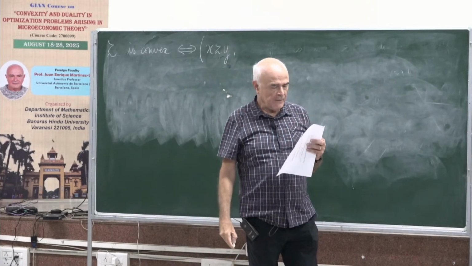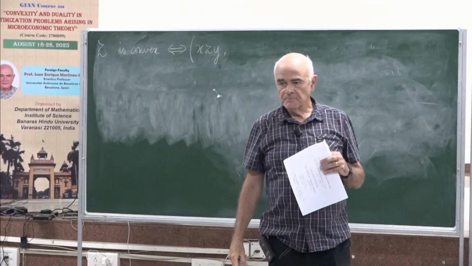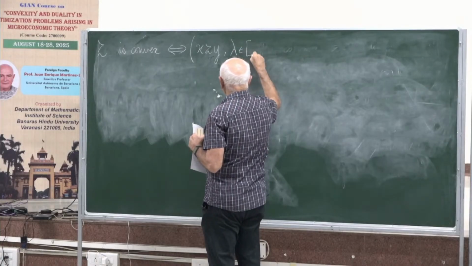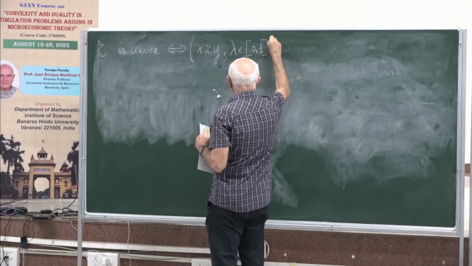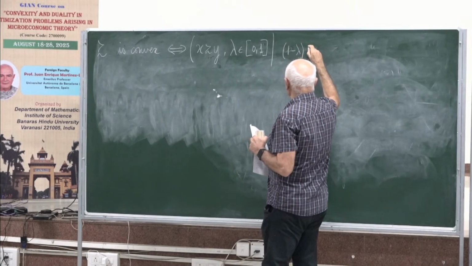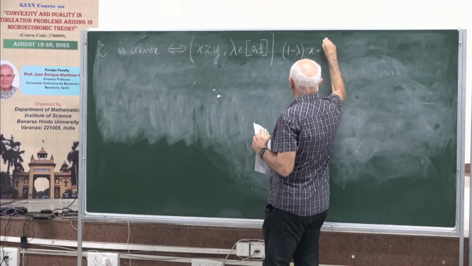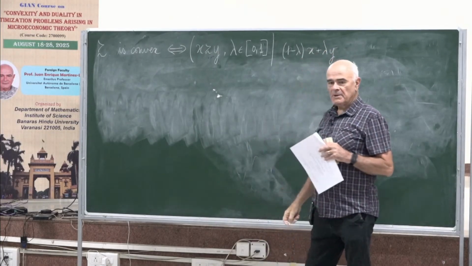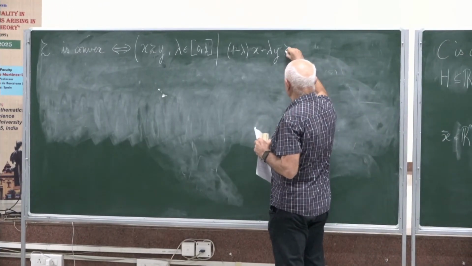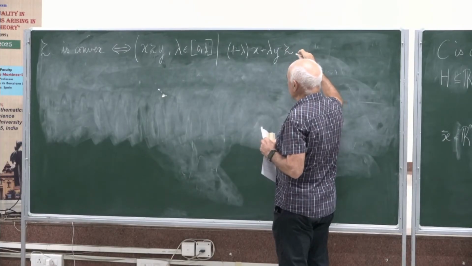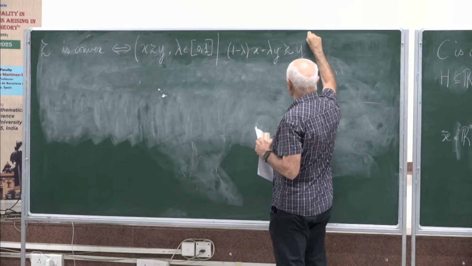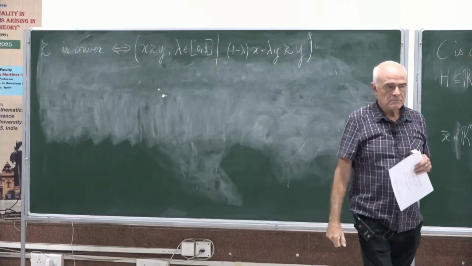If I prefer x to y, and lambda is between 0 and 1, then I prefer (1 minus lambda) x plus lambda y to y. Okay?